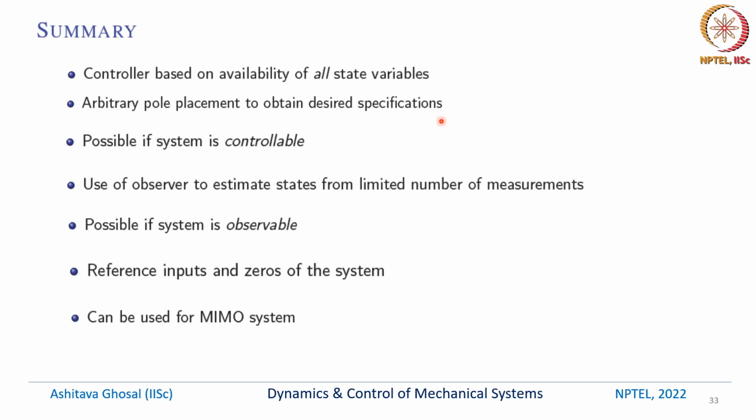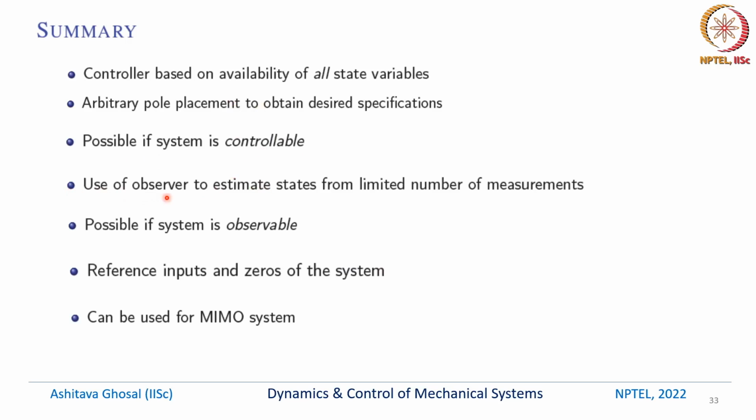Remember, the desired closed loop polynomial could be anything, and we can still find k's such that the desired polynomial, or the performance which is captured in the desired polynomial, is achieved. And when is this possible? It is always possible if the system is controllable. So the controllability matrix must be full rank.